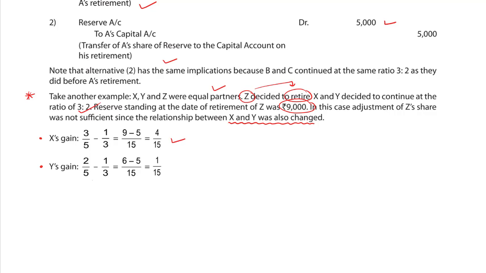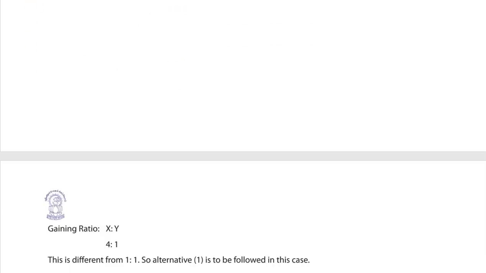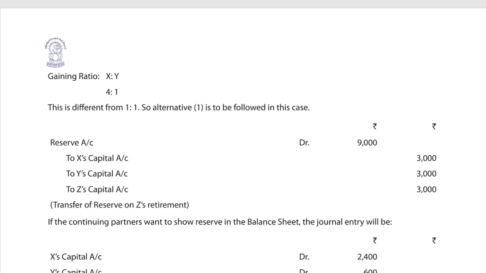Y's gain is 2 by 5 new share minus 1 by 3 old share. Gain is 1 by 15. Gaining ratio between X and Y is 4 is to 1. This is different from 1 is to 1. So alternative 1 is to be followed in this case.